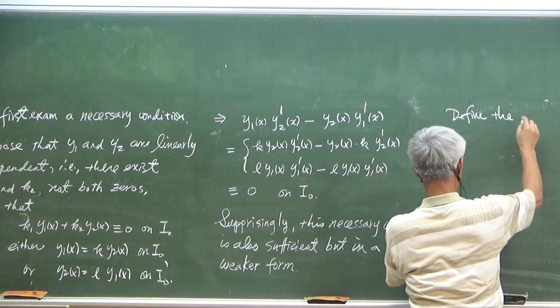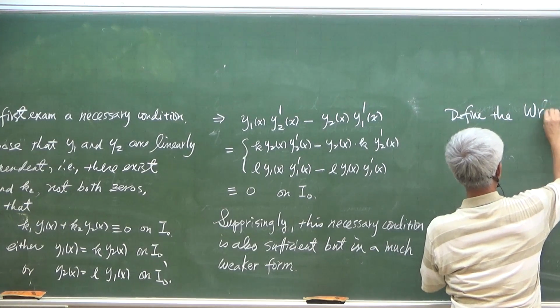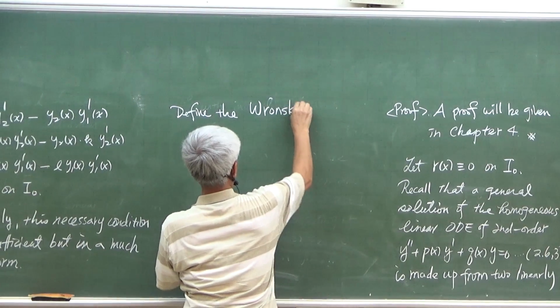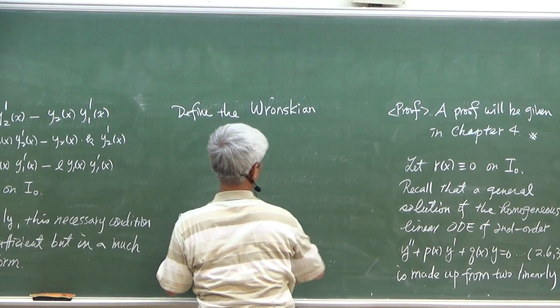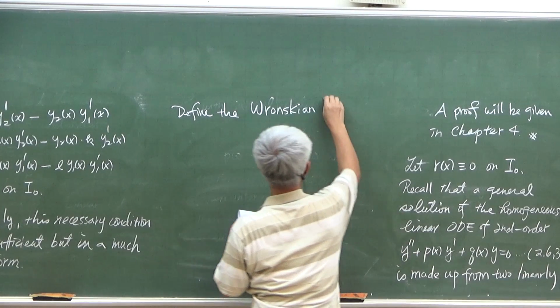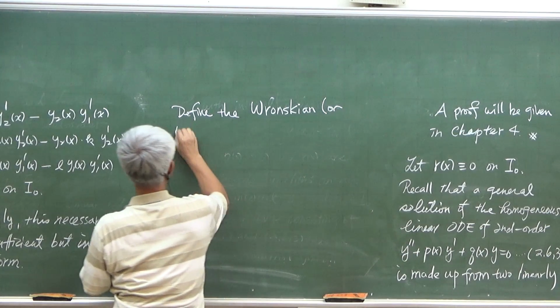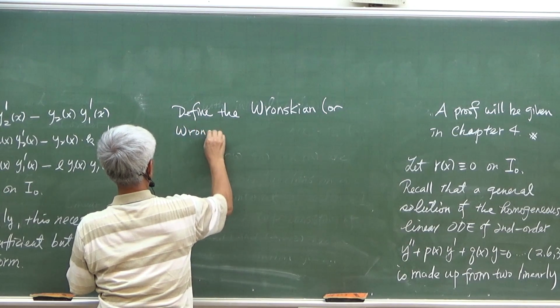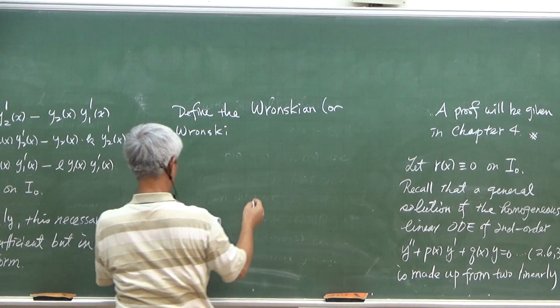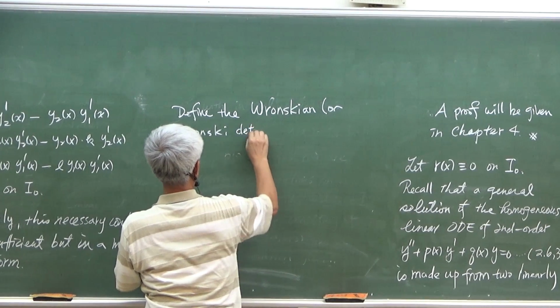the Wronskian. Sometimes people call it the Wronski determinant.